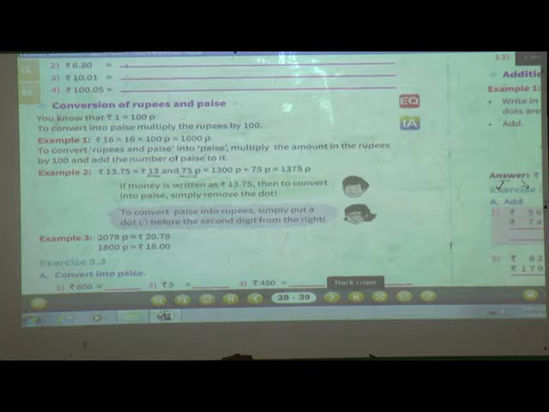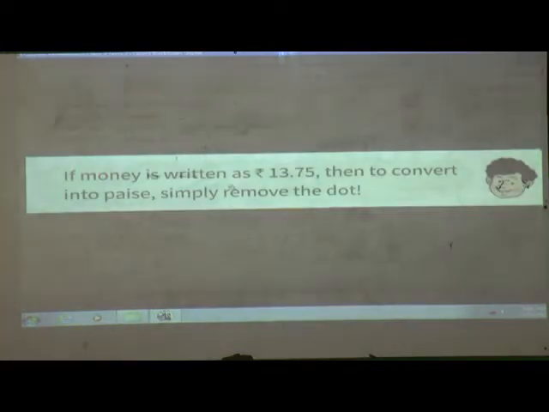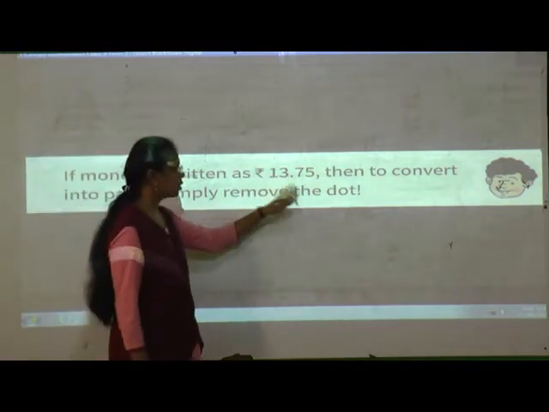Now if money is written as rupees 13.75, then to convert it into paise, simply remove the dot. If the money is written in this way, rupees 13.75, and you want to convert it into paise, just remove the dot.